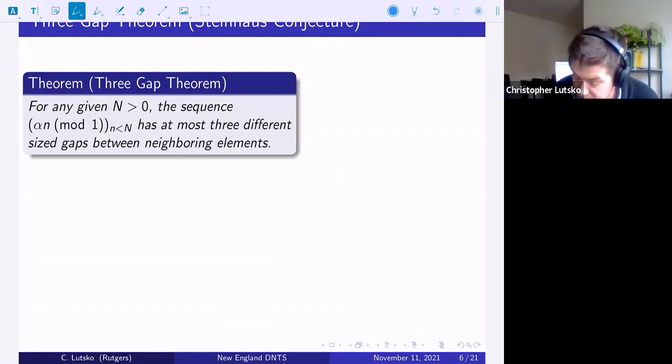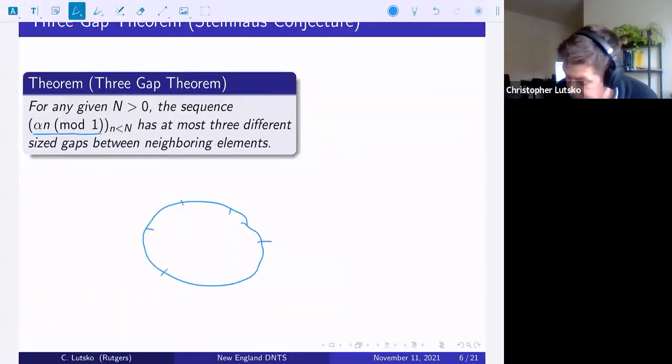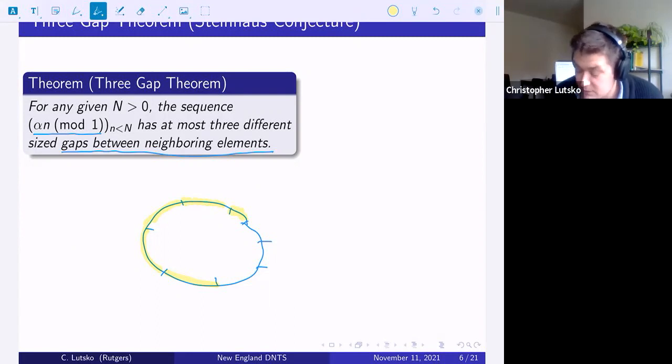The three-gap theorem says, I'm going to look at α n mod 1. So this is the sequence of rotations that I had earlier. And I'm going to look at the gaps between neighboring elements. On this picture, I have a gap here, a gap here, a gap here, etc. The theorem says that if I write down all of these gaps, they belong to a set of cardinality 3.